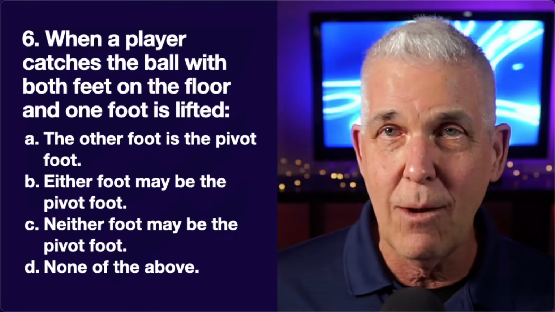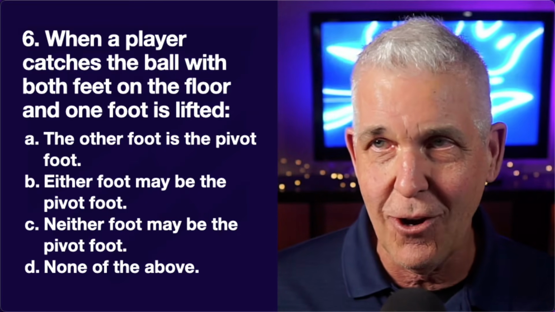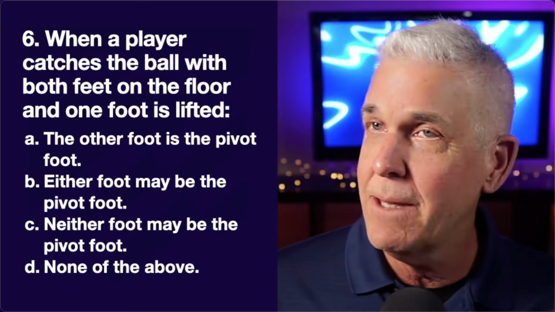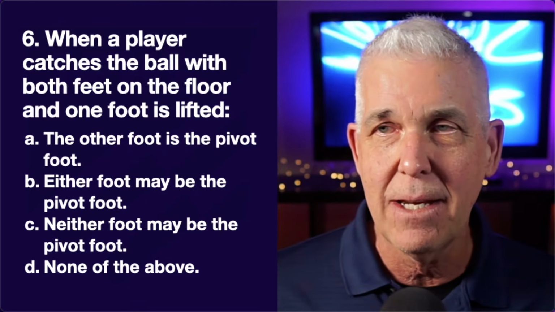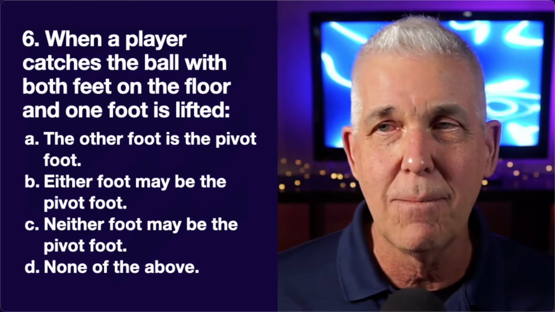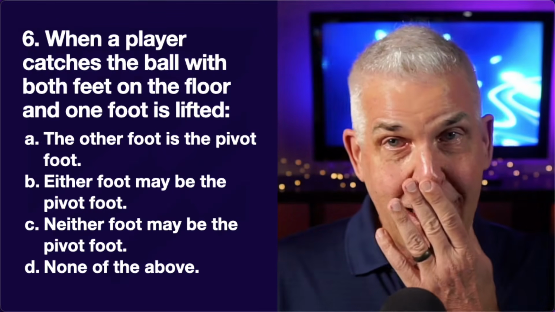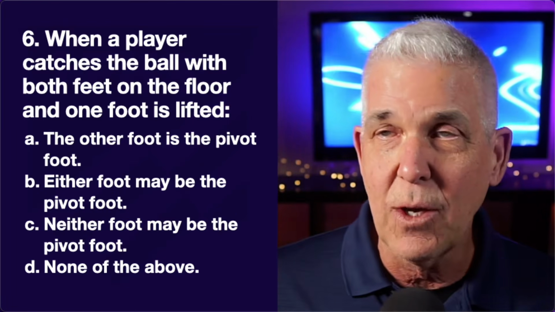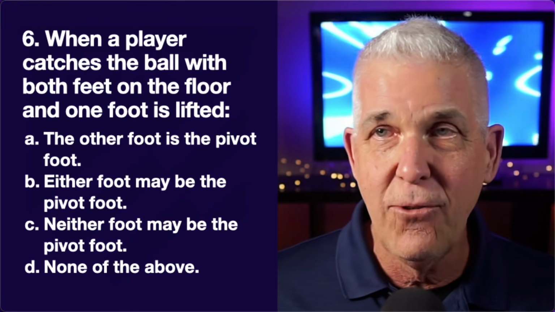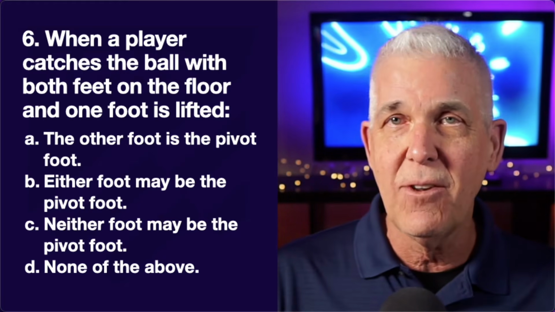We have established that that would be the pivot foot if pivoting action occurred. Either foot may be the pivot foot is not a correct statement. Neither foot may be the pivot foot is not a correct statement. Or D, none of the above. Again, we have to go with the spirit and intent of the question. A, the other foot is the pivot foot. Yes, the other foot is the pivot foot.